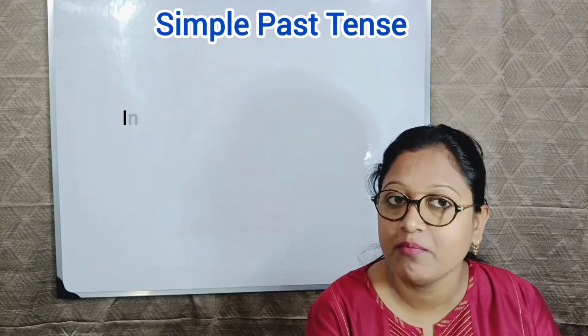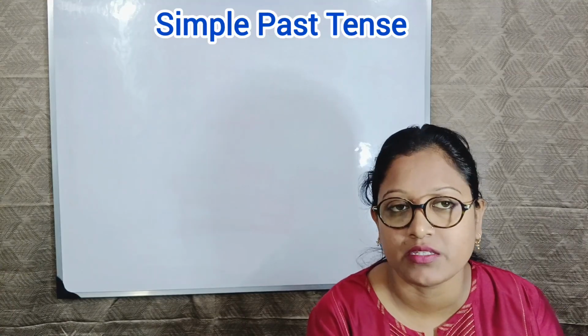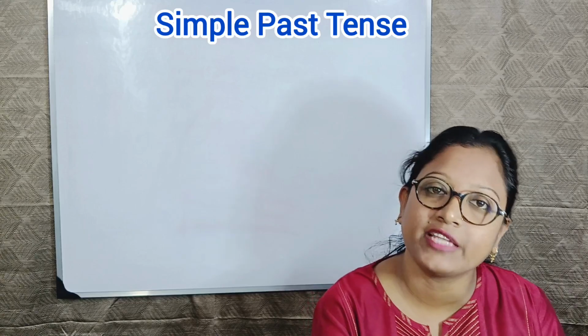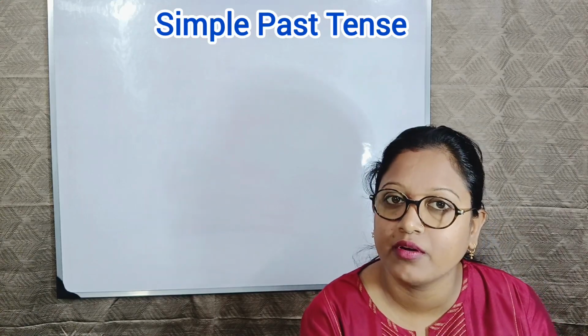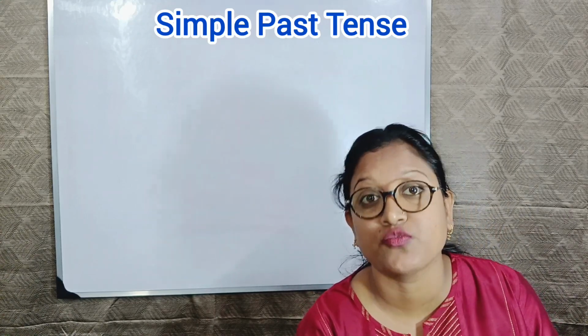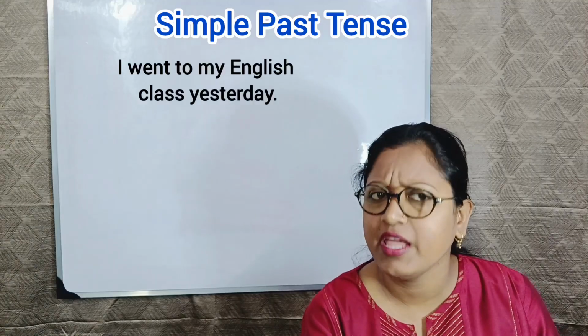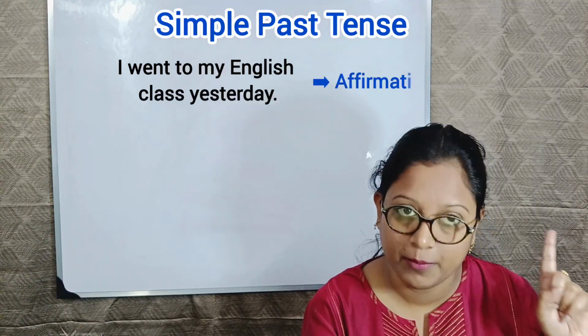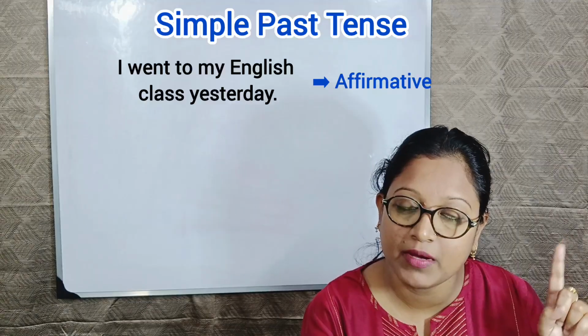If we make an affirmative sentence in simple past tense into negative and interrogative, we will take the help of the do verb. But here do will be the past form, did. I went to my English class yesterday. Affirmative sentence, right? Simple past.